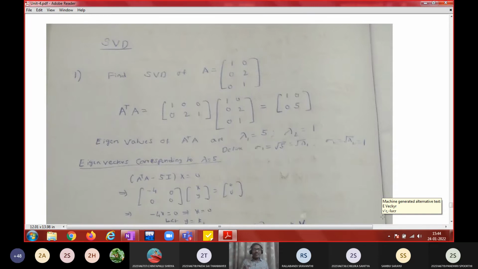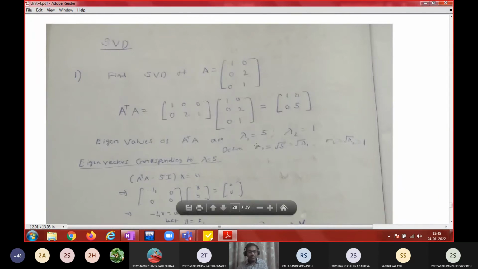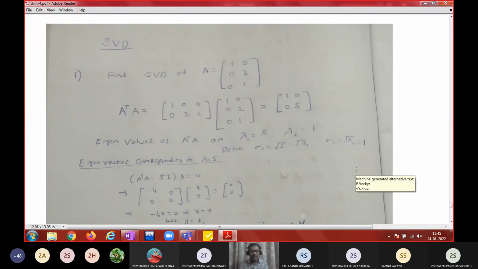Different authors give different algorithms for singular value decomposition. Whatever procedure I have explained now will work for any matrix. Are you able to see this matrix? Can you read this? Is this visible to you?